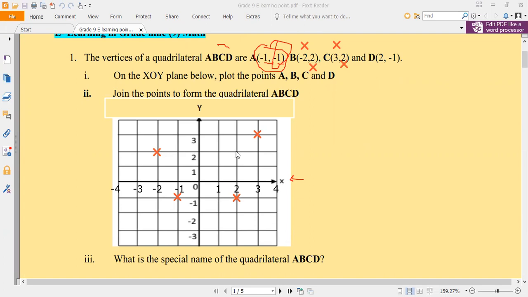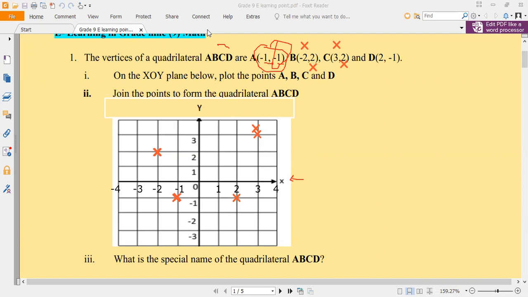I think I made a mistake on this point here. So -1 comma 1 is right over here. Then -2 comma 2: -2 on x, and then 2 on y is right over here.